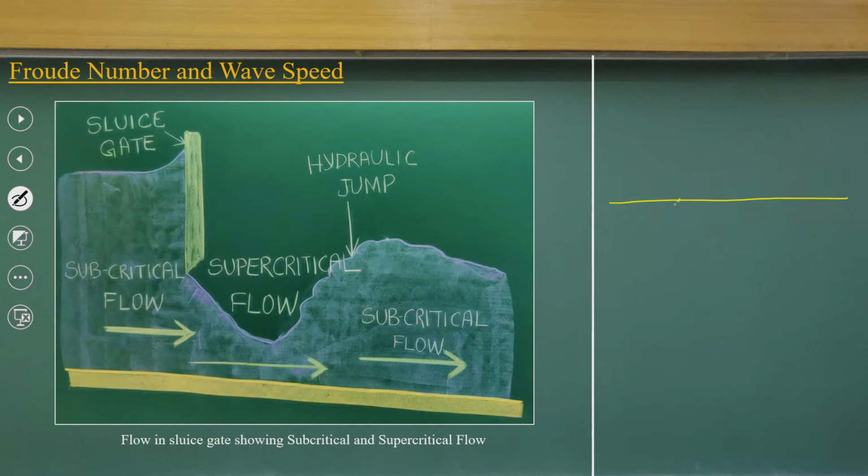It is a very simple problem: I have an upstream flow coming, there is a hydraulic jump, then the flow comes here. It is steady in nature, and the downstream flow goes out here.